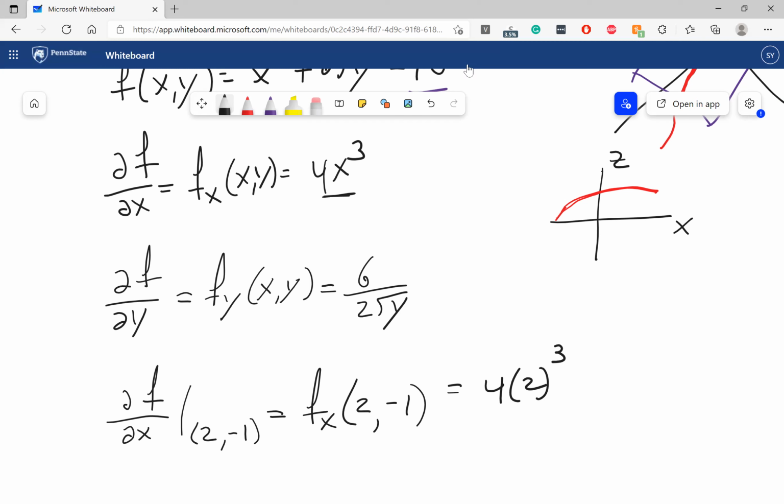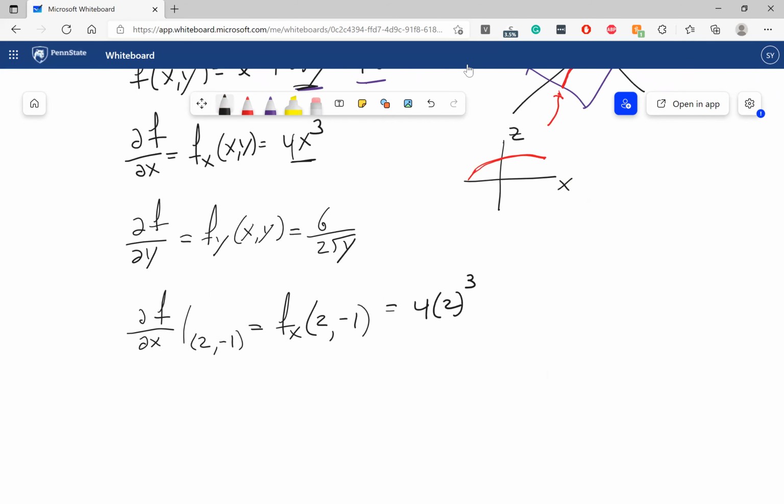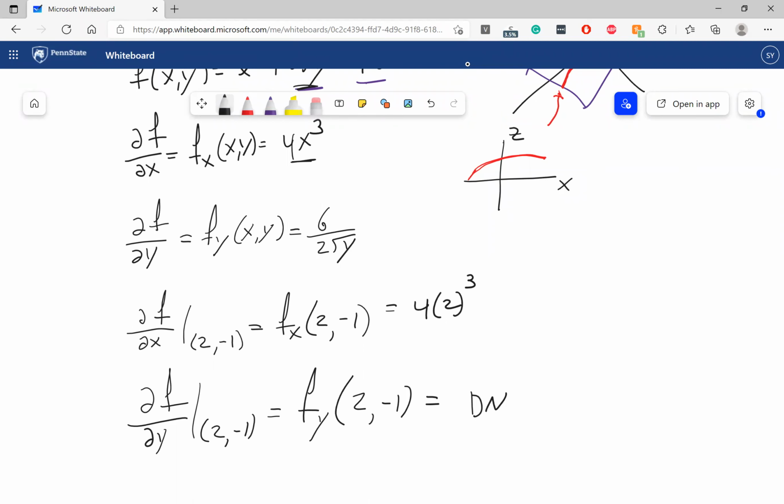And similarly, the partial of f with respect to y at the point (2, -1) is equal to the partial of f with respect to y at the point (2, -1). And that will be, well, that actually doesn't exist. So we can say does not exist, because if we plug in a -1 to this y, we don't get an answer.